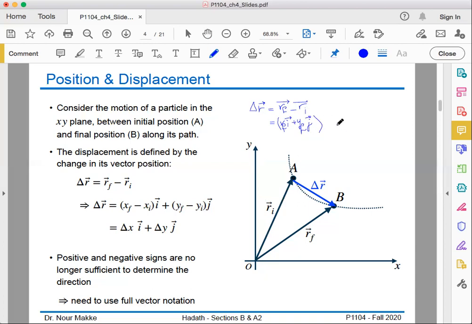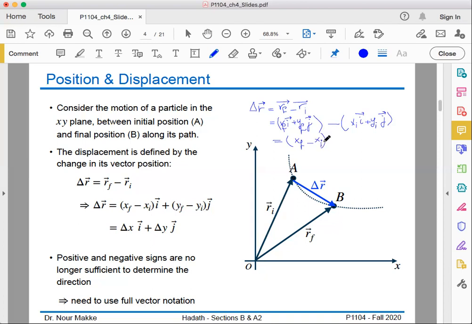And R initial is given by X initial i plus Y initial j. Now, if we put all the variables that are on the same axis together, so if we put X final i and X initial i together, we'll end up with X final minus X initial.